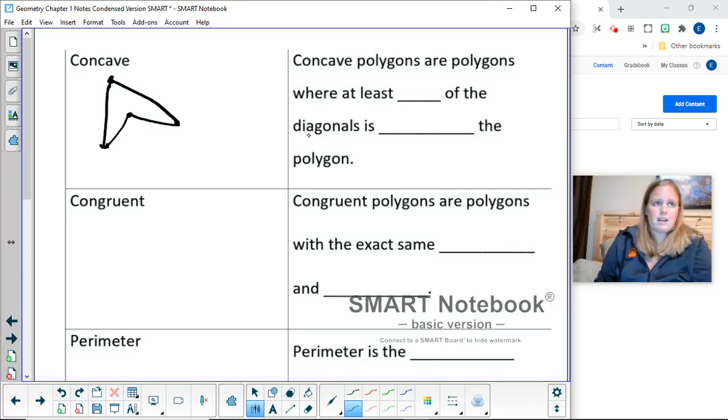And so a concave polygon is kind of like one that's caved in. And when I draw in the diagonals, I'll have one here, and I'll have one here. There's going to be at least one diagonal on the outside of the polygon. Now, you could have more than one on the outside, but it has to have at least one on the outside.